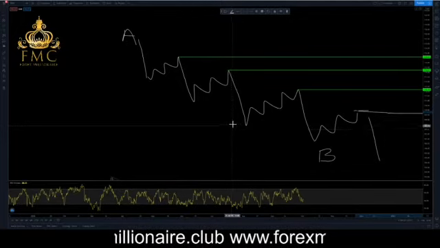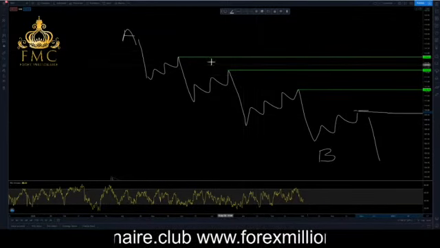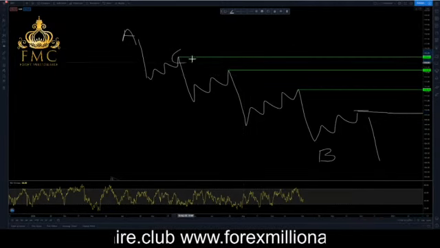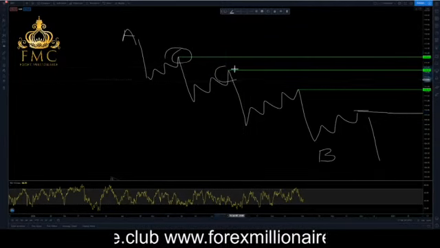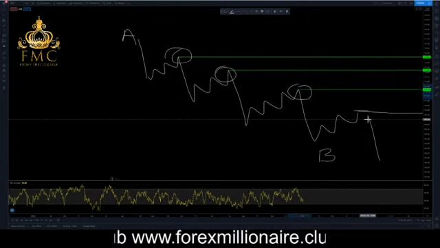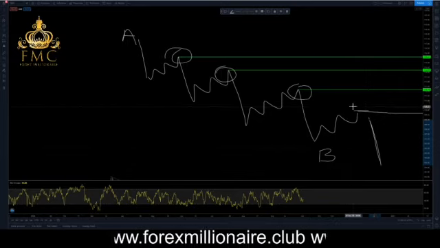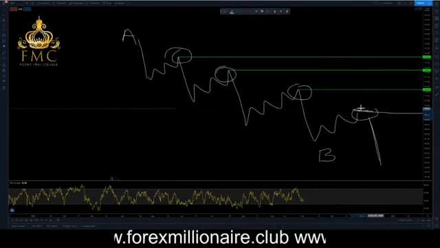So, looking at these aspects on a downtrend, we have our first level here, second level here, third level here. And if we get that continuation down, we have a level here.